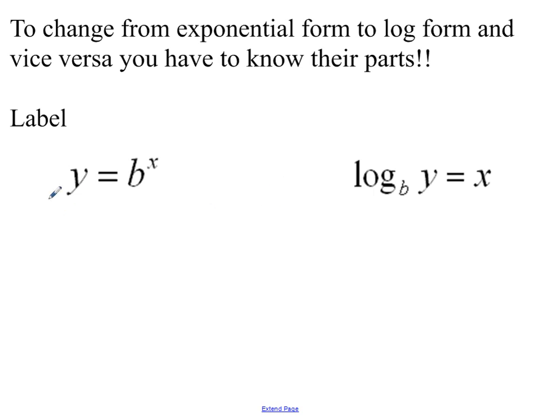Okay? So, b, well, let's label that first. We know that's the base. Okay? The base of an exponential function is the expression that has the exponent. So that's easy. The base of a log is what's written small and down, if it happens to be written. Okay?